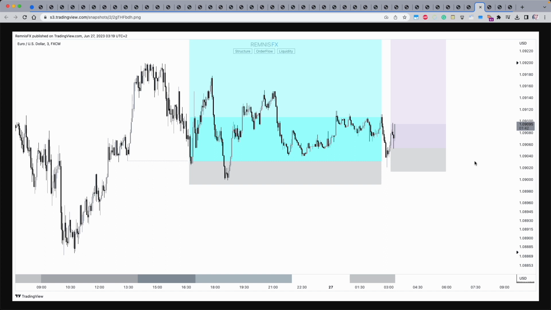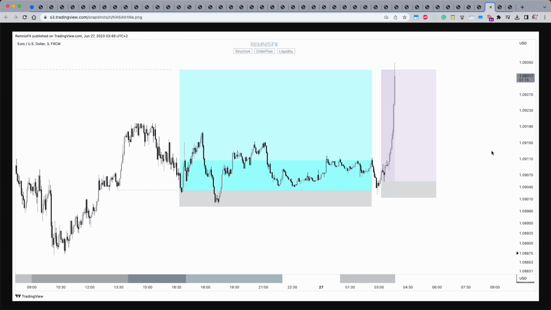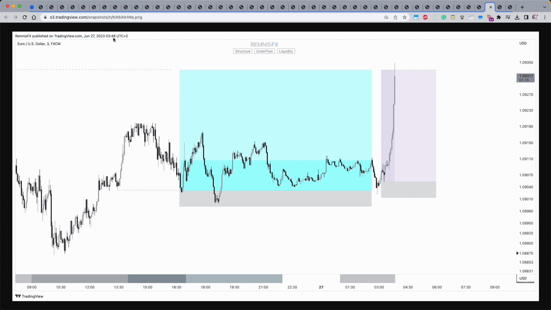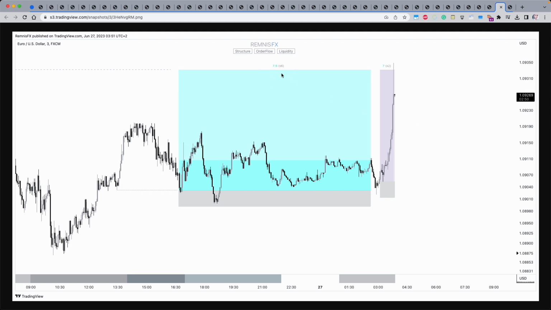And I believe it was at this point I really could not hold my eyes open any longer, so I went back to bed. And sometime later, not that long even, here we are 3:19 and 3:49, I got an alert that my take profit was hit, so I added those values.